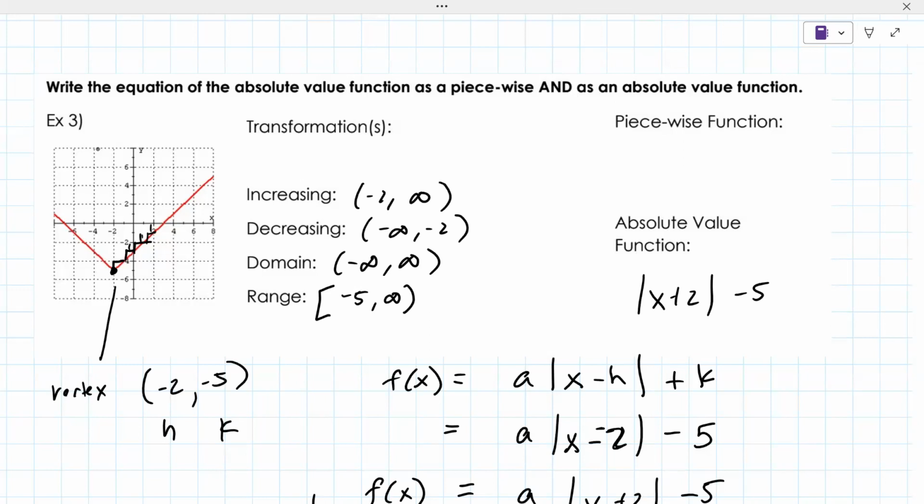Okay, transformation. Right 2 units. Vertical.